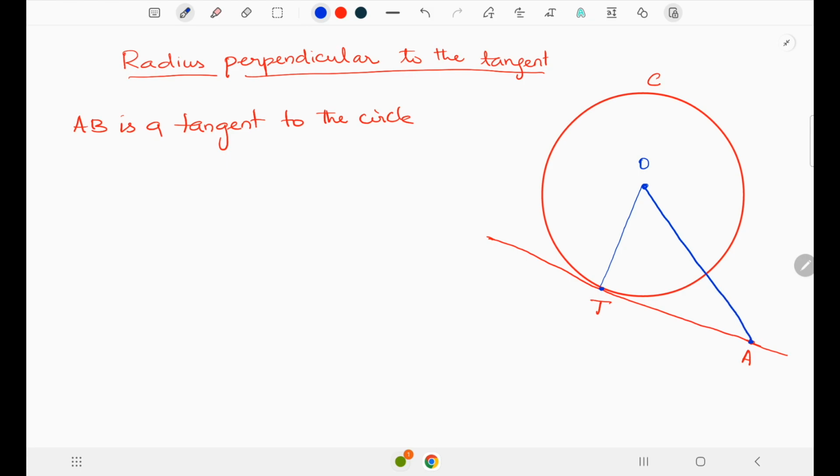Okay, right. Now a tangent is a straight line that just touches the curve at a single point. That is the definition of the tangent, right? Now here the tangent is here.